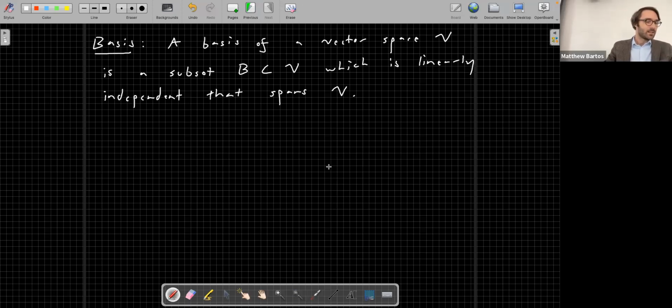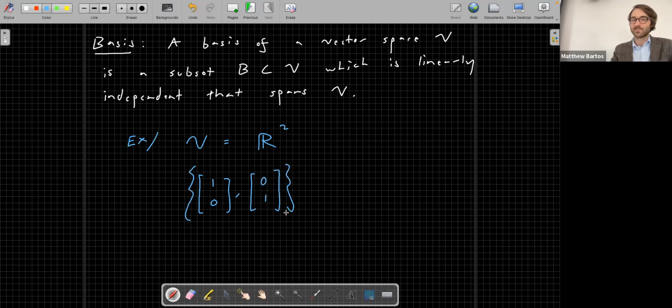All right. And I'll go through some examples. Let me go through a quick example. Let's say we have R2. So our vector space is equal to R2. So what is a basis for R2? Right. So that would be what's called the canonical basis. Is this basis unique? No. According to our definition, they don't need to be orthogonal.